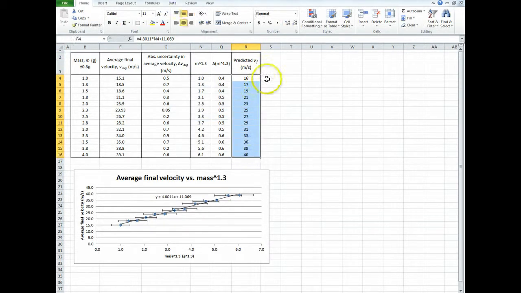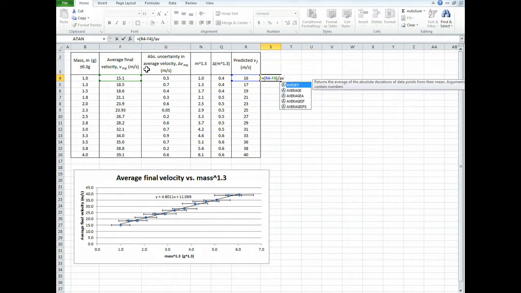For each of these values, we can calculate a percent difference between the true, or the actual measured final velocity, the average, and the predicted final velocity. So here's how you do that. You take the difference between the two, so this minus this, and you divide by the average of this, comma, this.